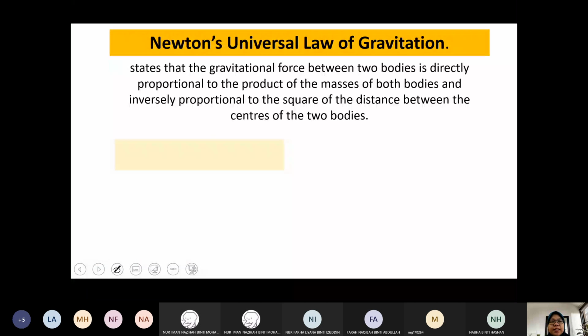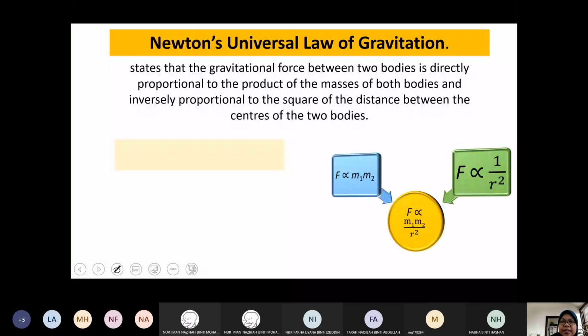So you will say Newton's universal law of gravitation states that the force between two bodies is proportional to the product of the masses of both bodies and inversely proportional to the square of the distance between the centers of the two bodies. Okay, do you think you can write that one? Senang je kan? Tak ada masalah kan?